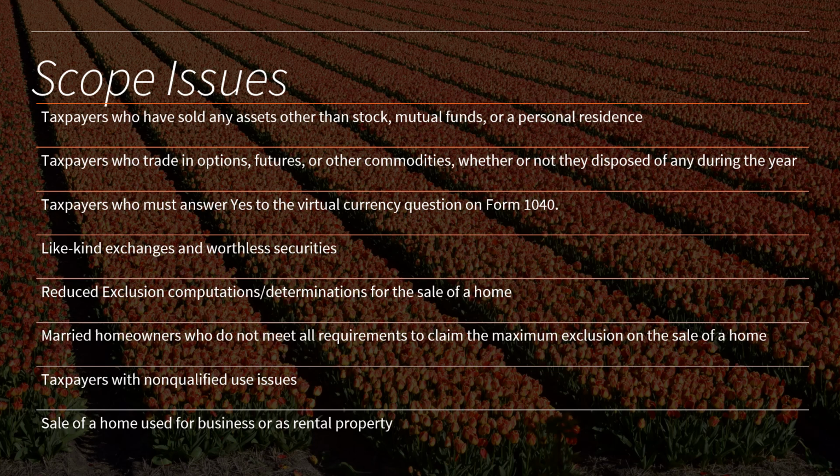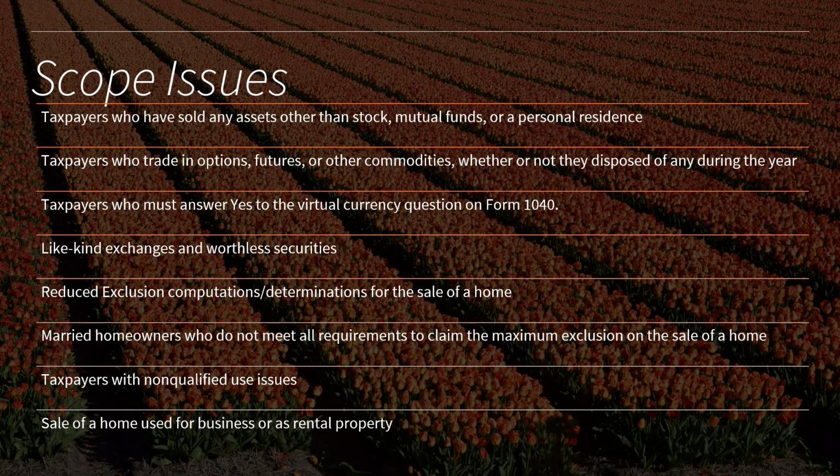They also need to see a paid professional. Taxpayers who answer yes to the virtual currency question, which is, did you sell, exchange, or own any virtual currency, then we would be sending them to a paid preparer as well.